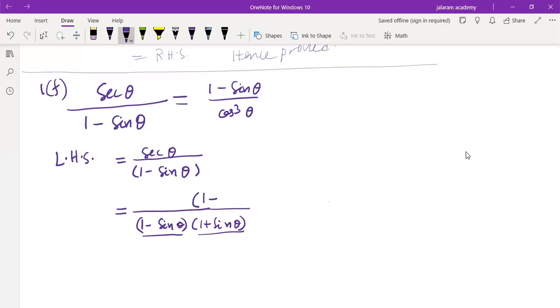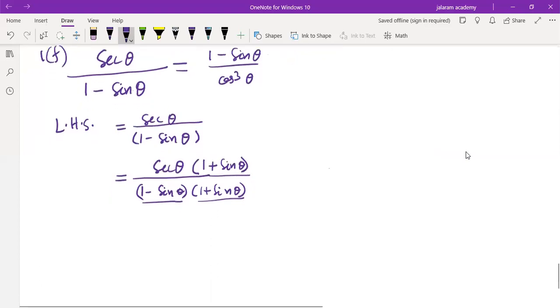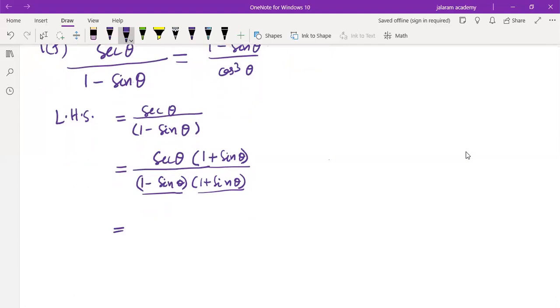If we multiply the denominator with 1 plus sin theta, we have to multiply the numerator also with the same. Now the denominator, 1 minus sin theta into 1 plus sin theta, is 1 minus sin square theta. Write the numerator as it is, sec theta into 1 plus sin theta.